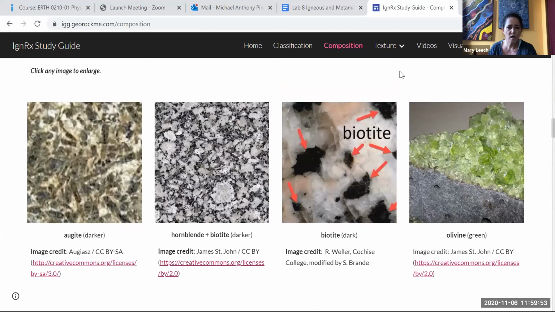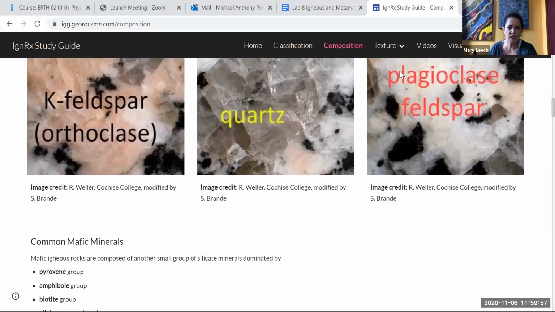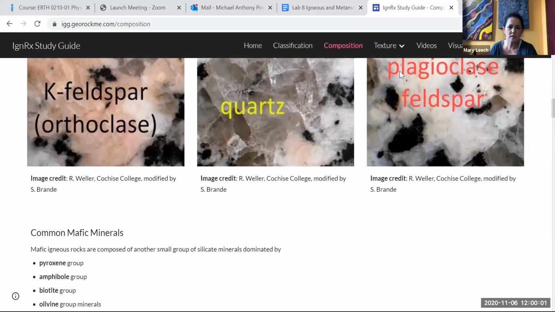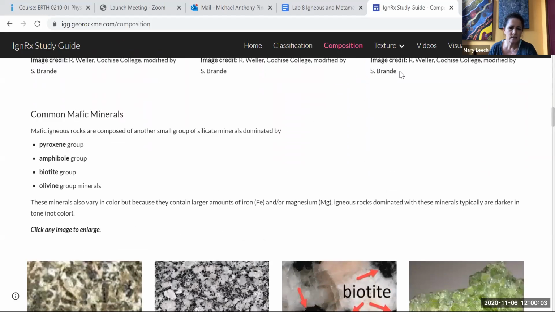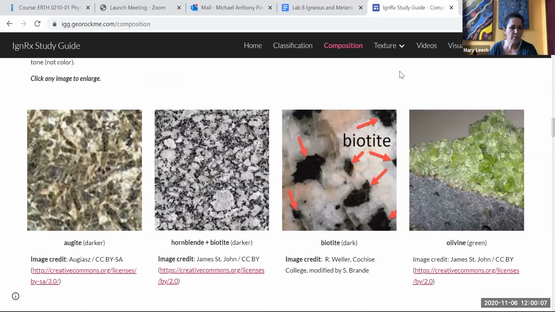So in a rock, the feldspars look white and opaque. The quartz looks kind of grayish and translucent and glassy. The dark minerals, they only point out biotite, I think, but the left-hand side one next to it has hornblende and biotite in it.